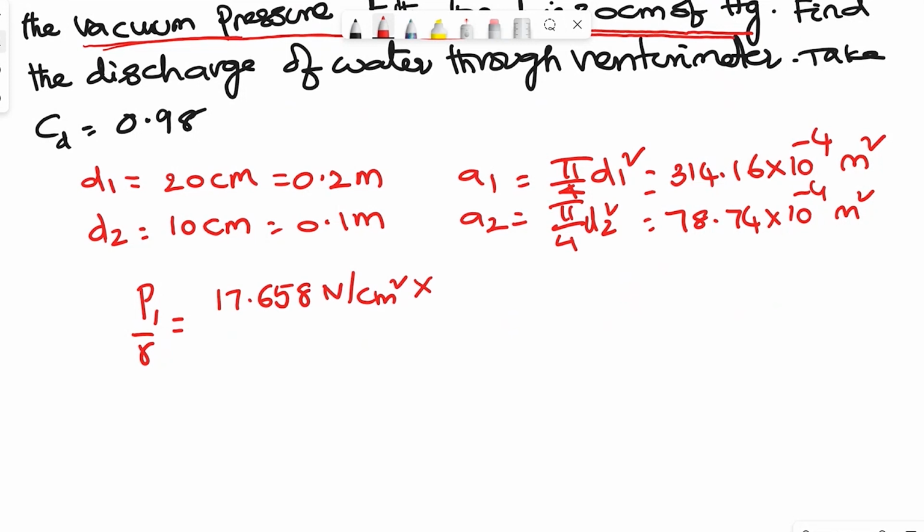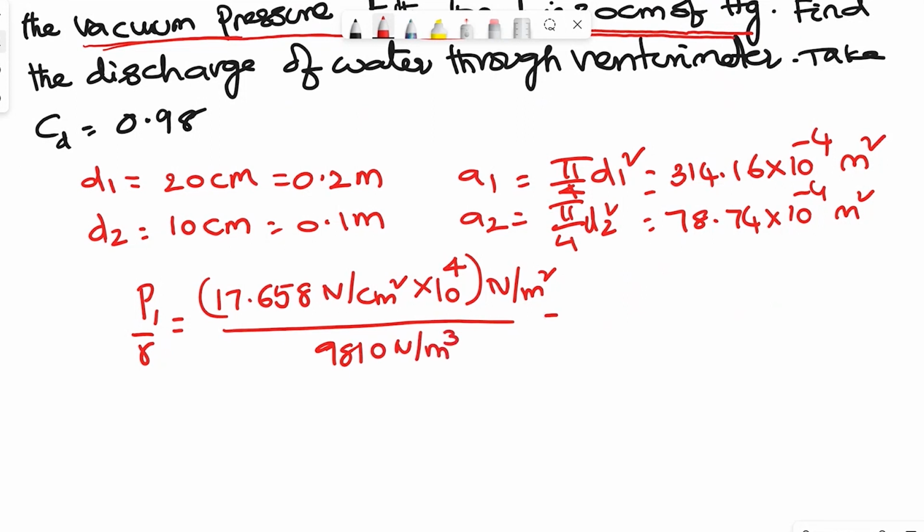If we want to convert into Newton per meter square, multiply by 10 to the power of 4, so that all this will become Newton per meter square. P1 by gamma, gamma is 9810 Newton per meter cube. So finally we are going to get 18 meters of water. This is the first thing, 18 meters of water.